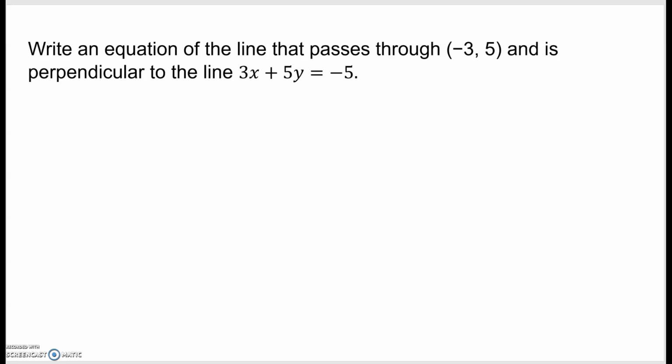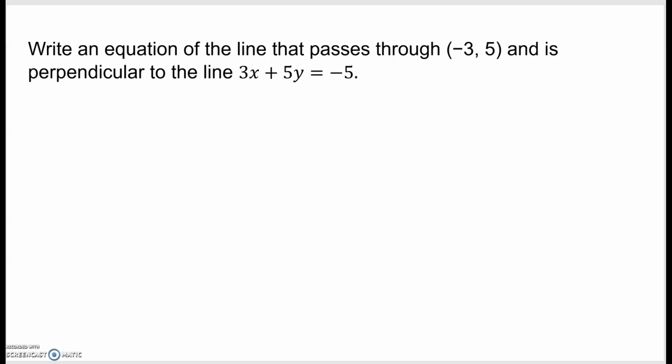Our next one: write an equation of a line that passes through (-3, 5) and is perpendicular to the line 3x + 5y = -5. Remember that yesterday, the first thing we needed to find was our slope. Since this equation is not in slope-intercept form, we need to find that first.